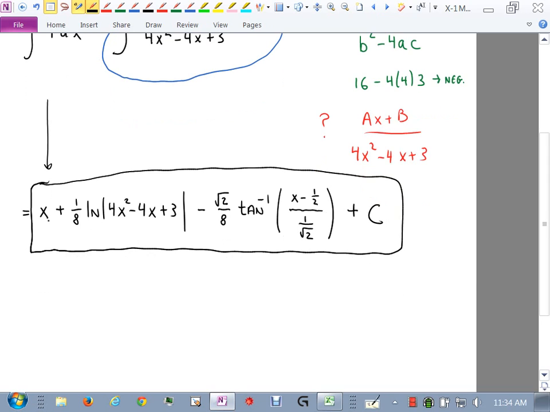Now I want to show you what the book has as an answer so you can see some comparisons. They did it a different approach, but I can barely read this book. 1/8.